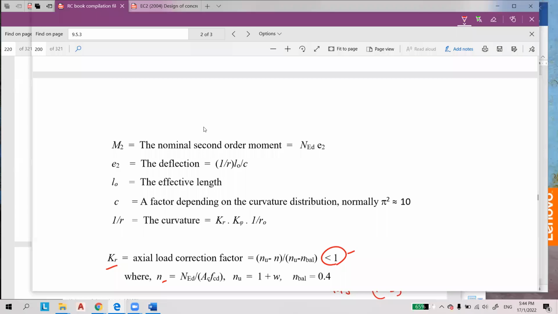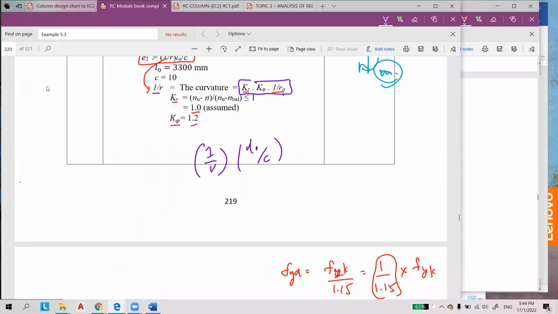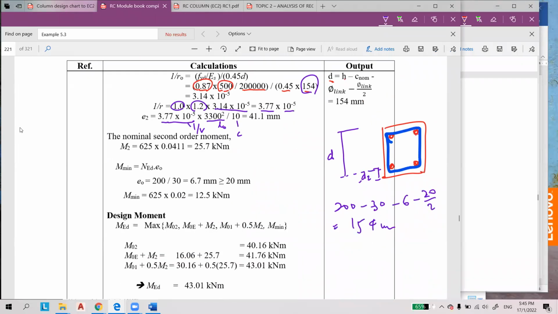No square, should be no square. This one is quite confusing. Can you check the calculation? Use your calculator, please. Is it true that the answer is 41.1 mm?